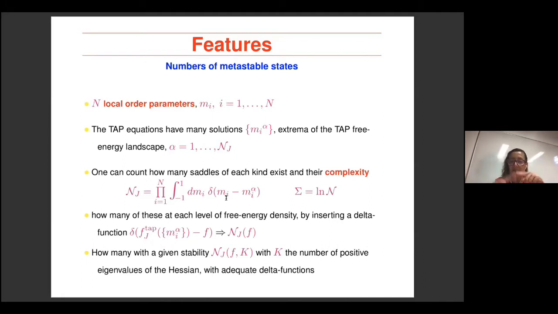Or you can even constrain to have a given degree of stability, a number of positive and negative eigenvalues of the Hessian matrix. So all these things have been done, and depending on the particular disorder model you work with, for example, distinguishing between having two-body interactions with random couplings, or three-body interactions with random couplings, you will have different generic forms of these landscapes.